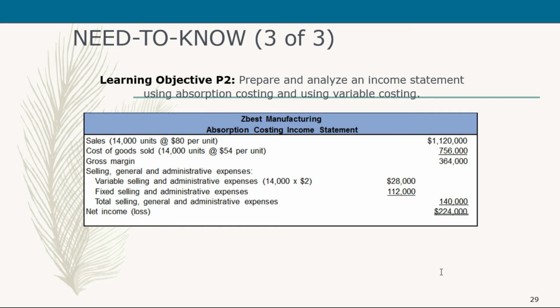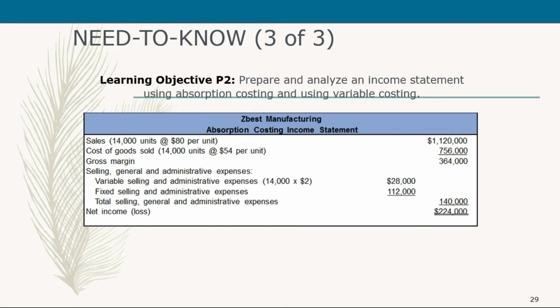Okay. So for the income statement under absorption costing, we have your sales of 14,000 units multiplied by your selling price of $80 per unit. It will give us the total sales amount of $1,120,000. While for your cost of goods sold under absorption costing, remember, it is your product cost wherein we include all the variable cost and the fixed overhead cost pertaining to the production.